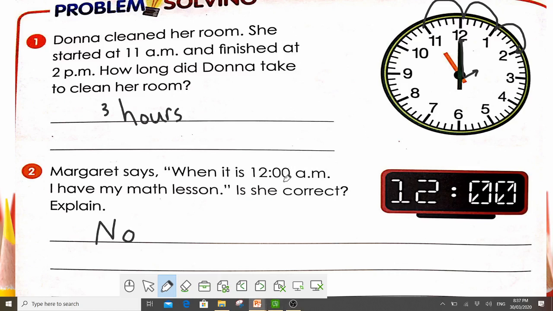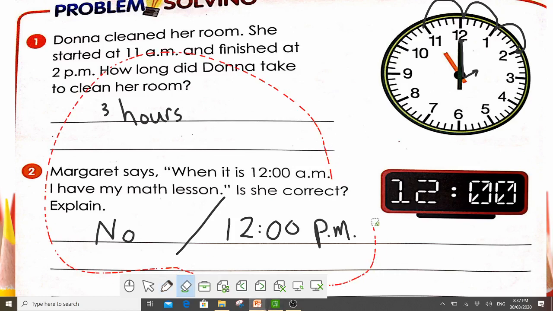Because a.m. is at the midnight, she has to say 12 p.m. Okay. So she has to say 12 p.m.